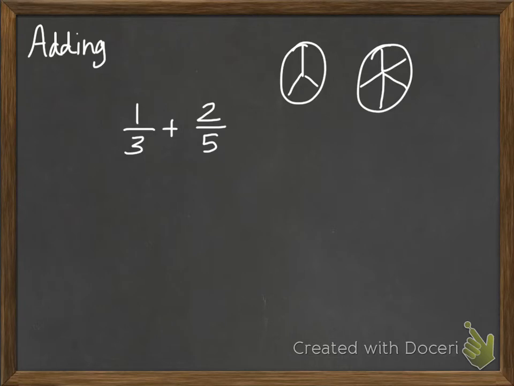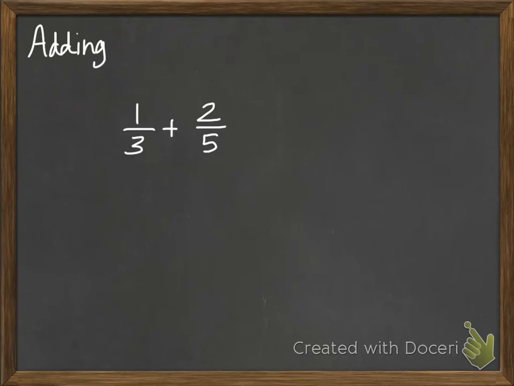We'll pretend those are even pieces. But this slice is not the same size as this slice, so we can't just add them up, like 1 plus 2 and 3 plus 5. That doesn't work. So what we need before we can do anything is a common denominator. Also, because we don't want to keep having to draw pizzas.